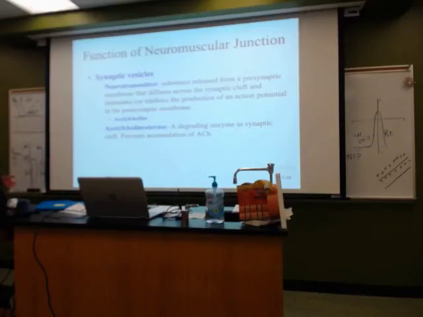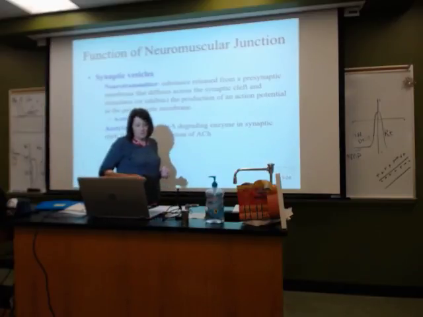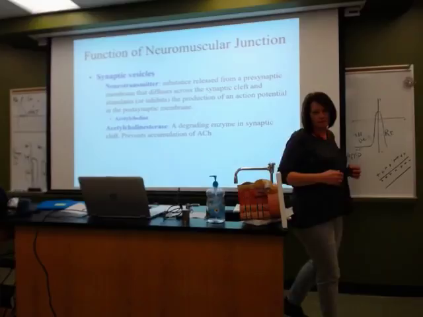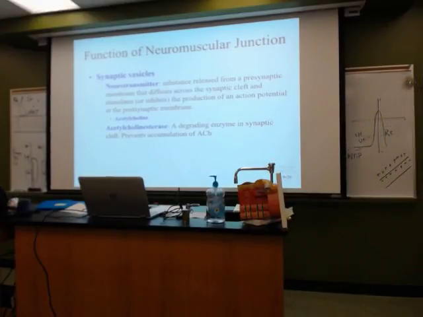Would we want acetylcholine to be constantly present in that area of the neuromuscular junction? No. Why? Because it's going to keep stimulating the muscle. And the muscle cannot withstand a prolonged period of muscle contraction.